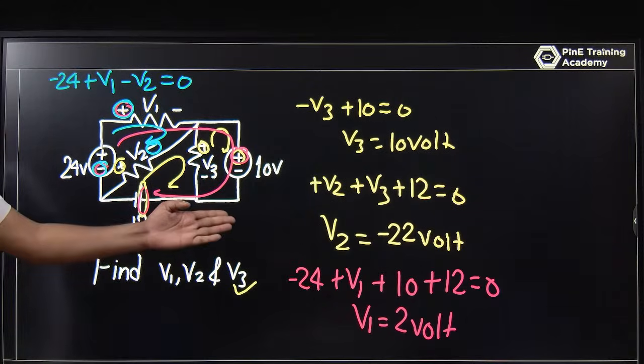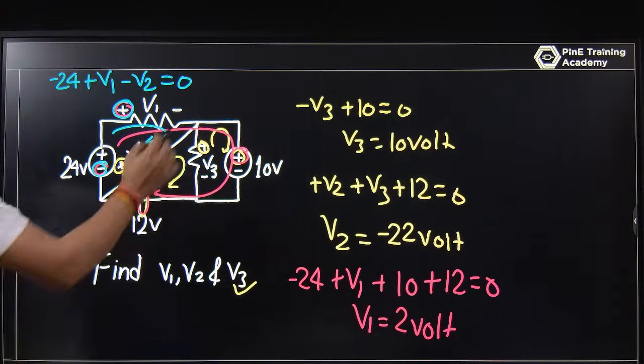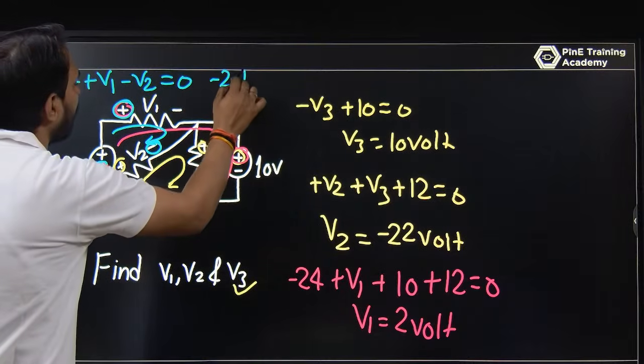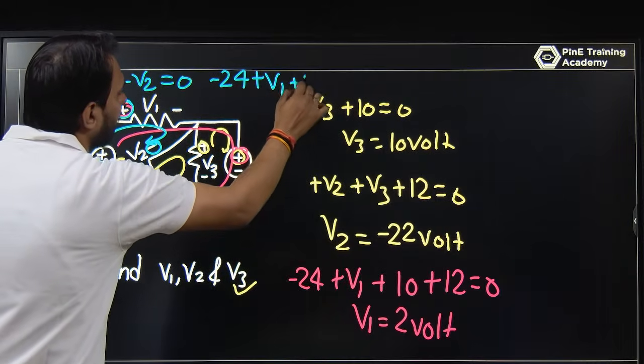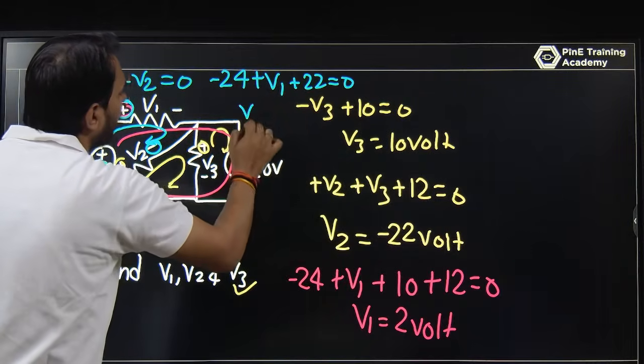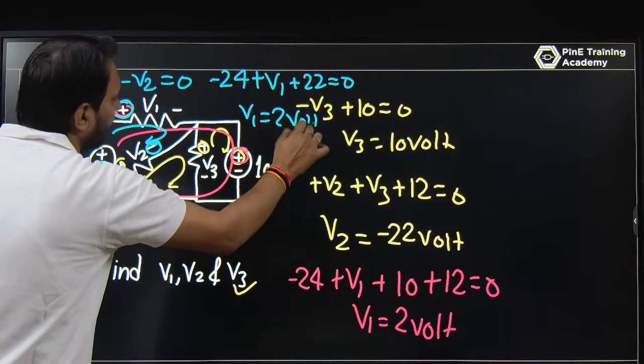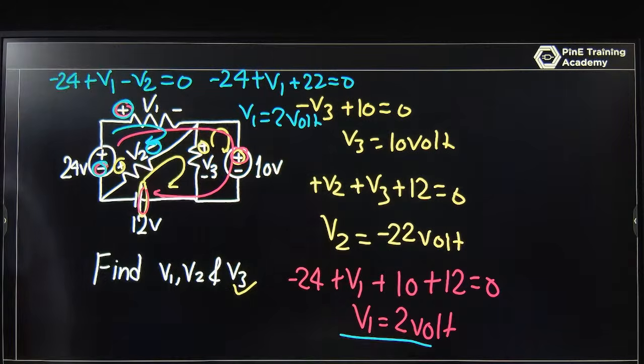So you know what V2 is, this is minus 22. So this is minus 24 plus V1 minus 22 and plus 22 is equal to 0. V1 is 2 volt. You can check it. Okay, if you are not making a mistake in calculation, the answer will be the same.